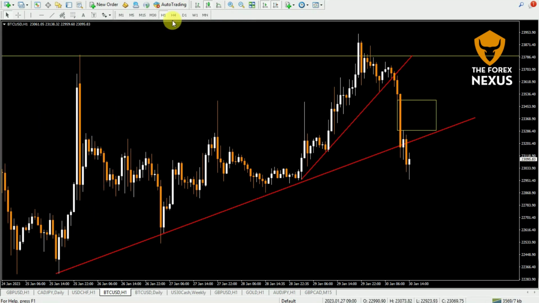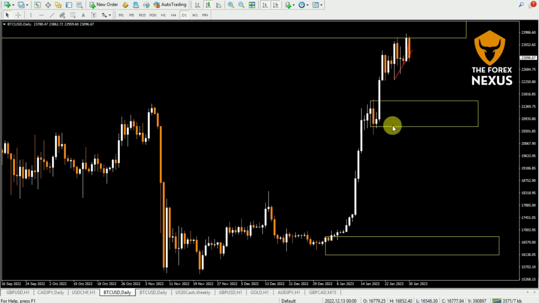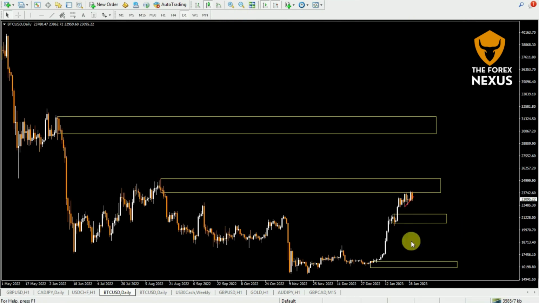First we will draw the untested zone on the daily time frame. This is the untested zone, a fresh supply zone on the daily time frame, and this one here is also an untested zone.